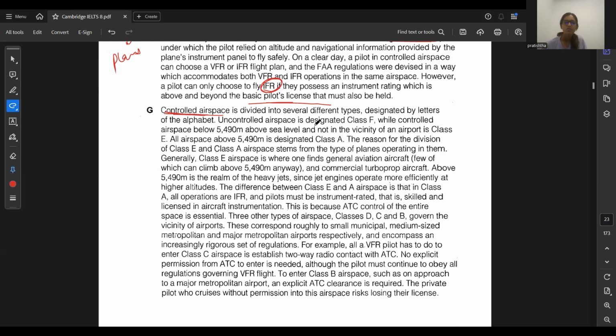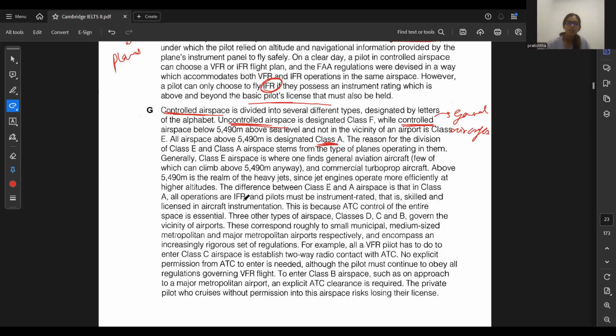By letters, uncontrolled airspace is designated as class G, and then controlled airspace includes class E. All airspace above a certain level is class A. Class E airspaces are where one finds general aviation aircraft. Now, when I'm reading, I'm just writing these notes for my understanding, right?